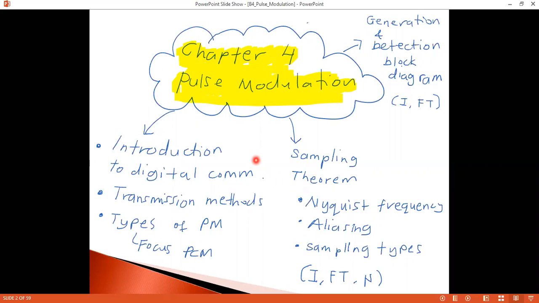So before our semester break, we stopped at chapter 4, pulse modulation, where we were introduced to digital communication and we learned about the advantages of digital communication, its compatibility with analog communication, and the transmission methods that involve digital and analog communications.